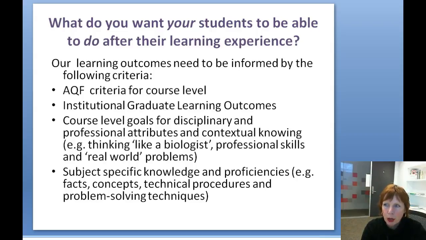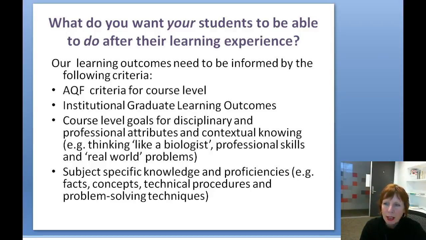So what do we want students to achieve, to be able to do at the end of their learning experience? Biggs describes three levels to help us define our learning outcomes. They're the institutional graduate learning outcomes, they're course level goals for disciplinary and professional attributes, and they're also the subject specific knowledge and proficiencies, the facts, concepts, technical processes, etc. that we want students to be able to learn in our subject.